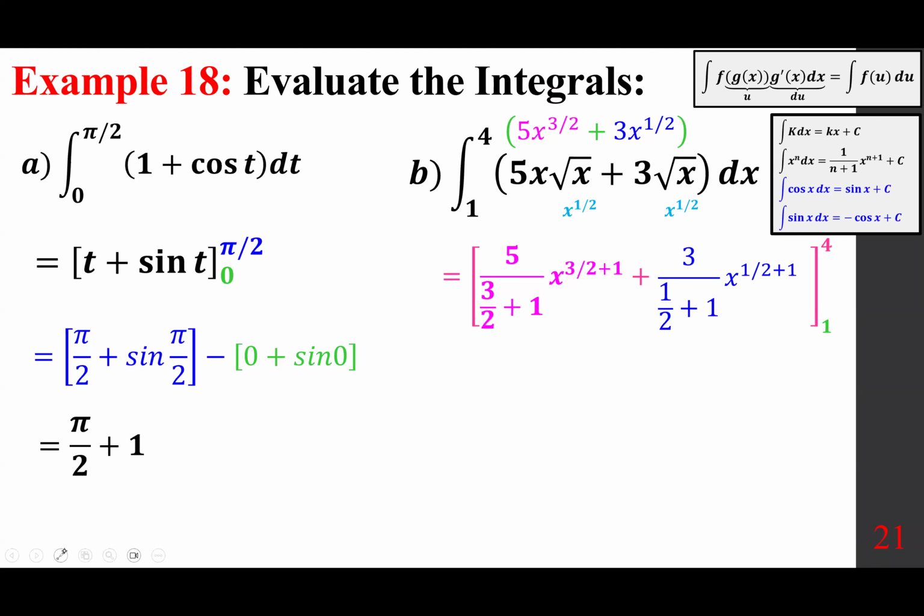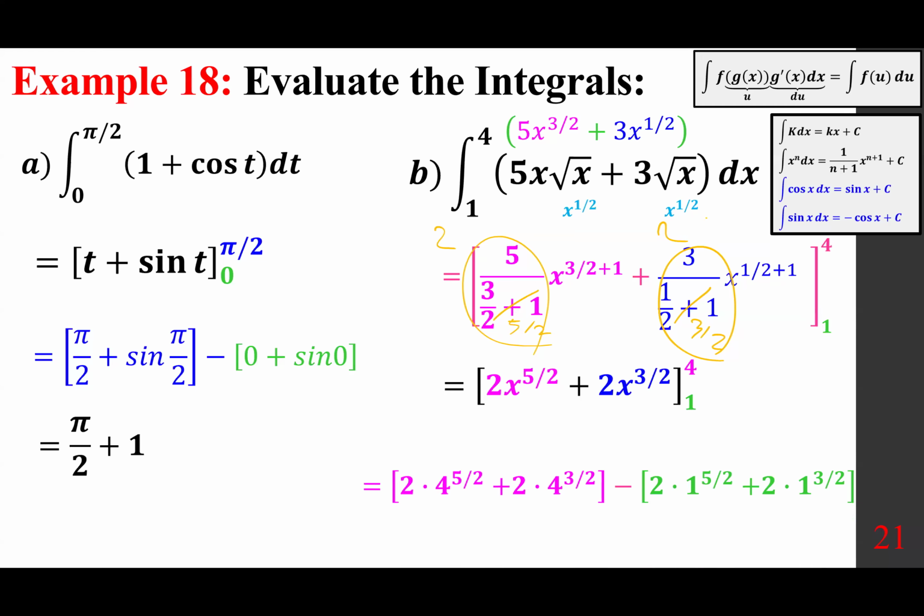3 halves plus 1 is 5 halves. So this is 2 over 5 halves. This is also 2. And plug in 4, plug in 1. I hope you see that this is 1, and this entire thing is just 4.